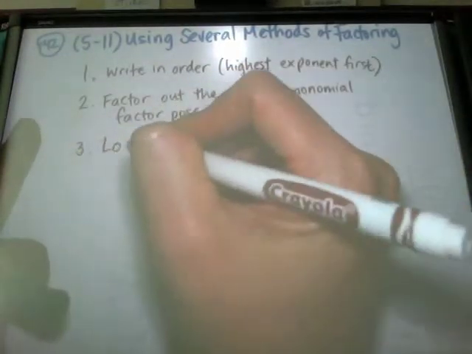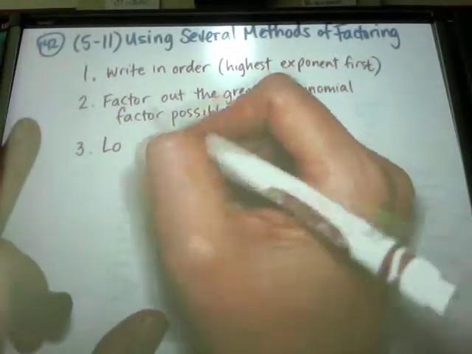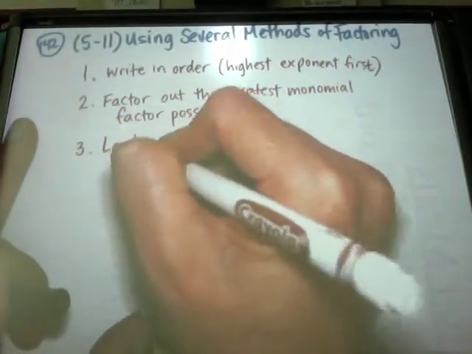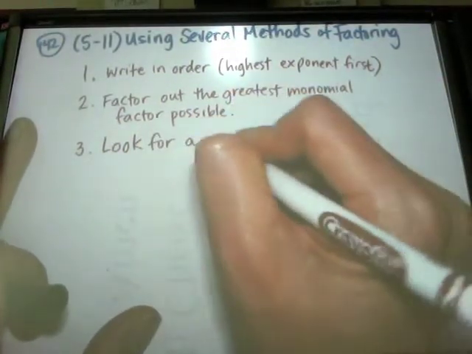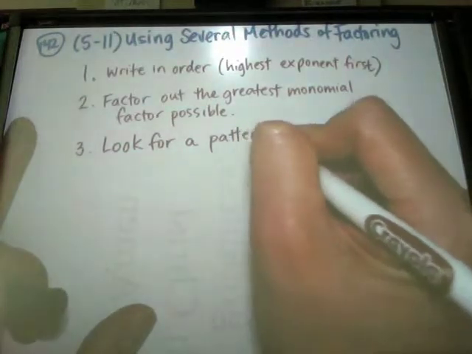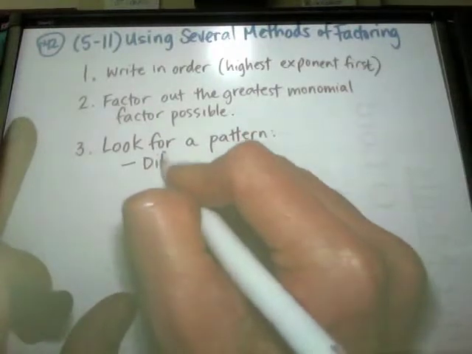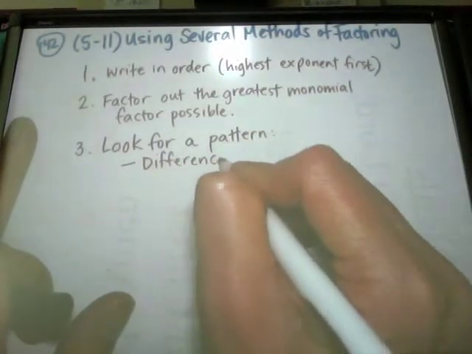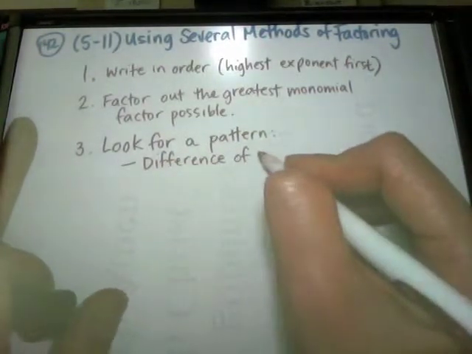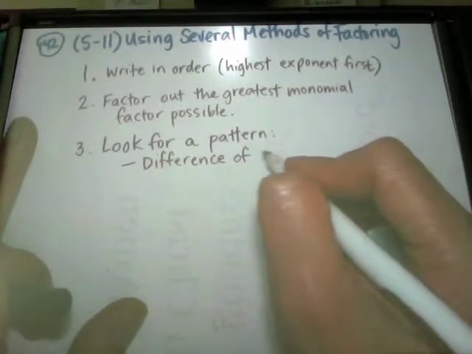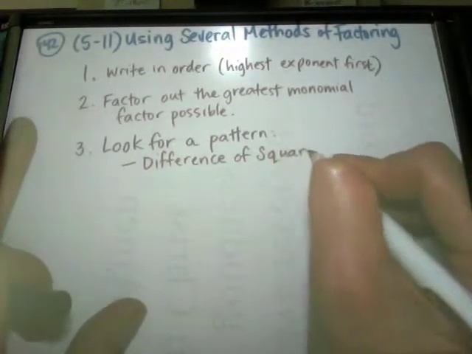They have this as step 2 and 3. I'm combining it as 1. And I'm going to say, look for a pattern. We had 2 special patterns in this chapter. We had the difference of squares, the difference of 2 perfect squares, was one pattern.